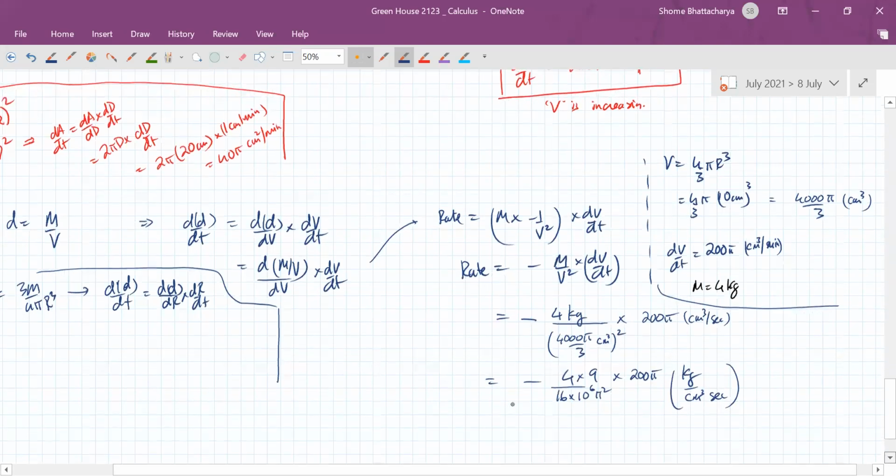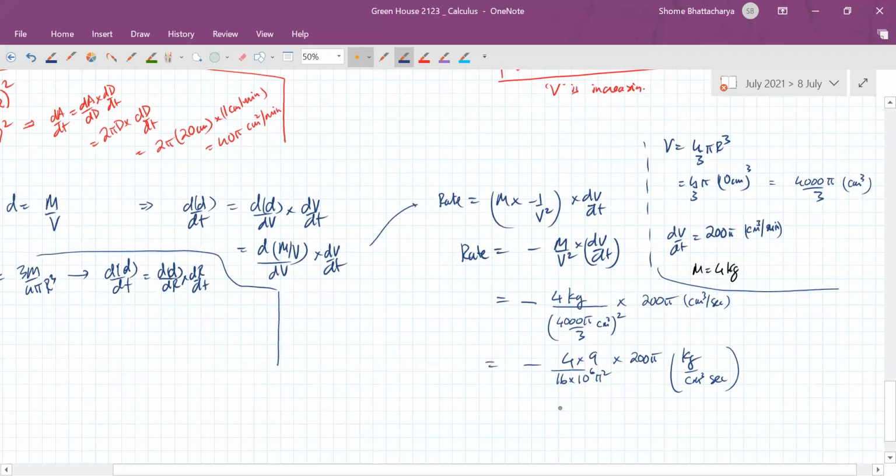So it's becoming -9 by 2 pi into 10 raised power, how much will be left now? 4 minus 6, so -4 kilogram per centimeter cube second.